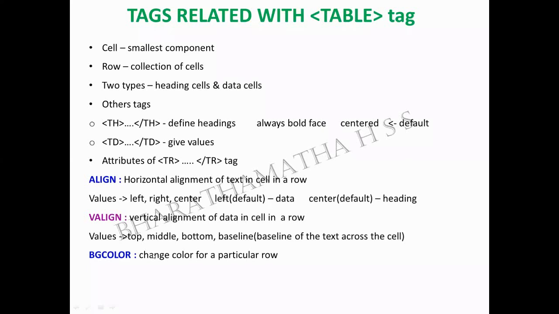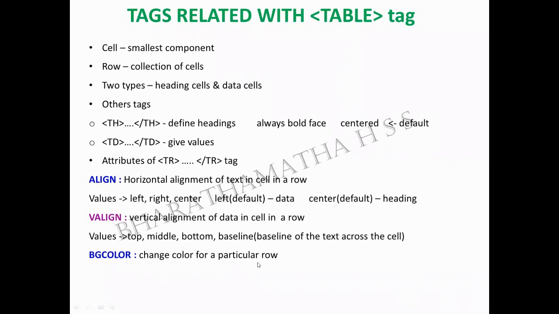Whether you want it at top, middle, bottom or baseline, any way you want, you can align. Next is bgcolor. You can change the color for a particular row or for a particular cell. It's not only for a row. In a particular row, you can change the color of each cell as well.